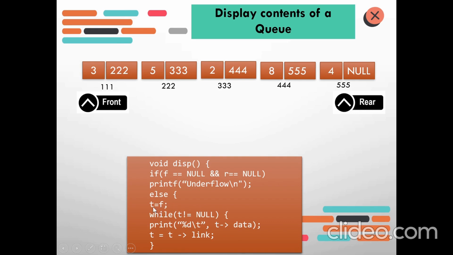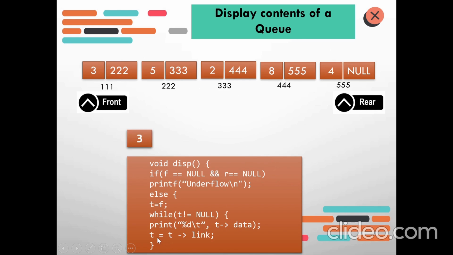So f has been assigned to t. Now we are saying while t not equal to null, so t would be now 1 1 1. So till it reaches null, we will be continuing to print the value at that node. So t arrow data means this 1 1 1 node's data part, so 3 would be printed.